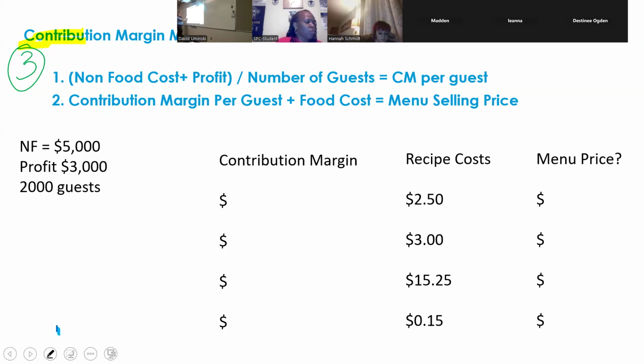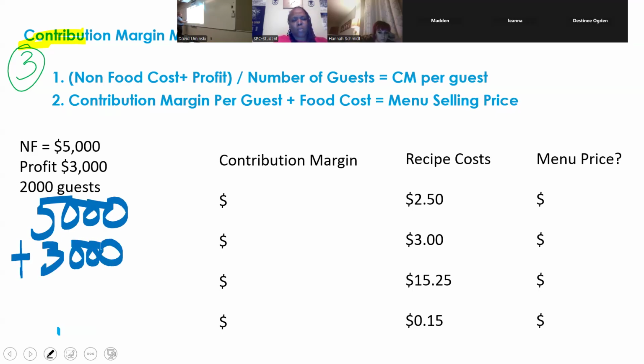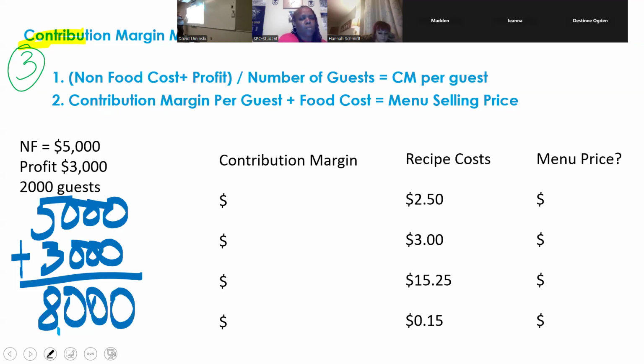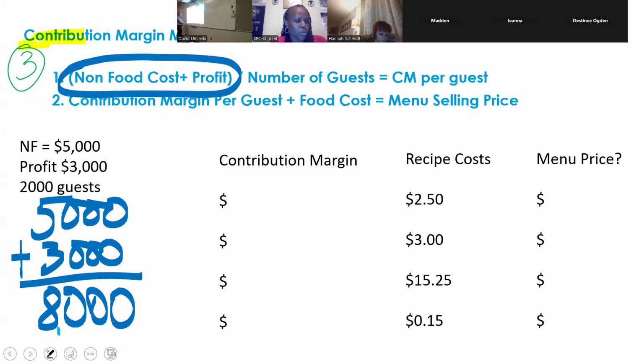So if I have 5,000 plus 3,000, what do I get? 8,000, good. That's this step right here. And then we divide this by 2,000, that's the number of guests.